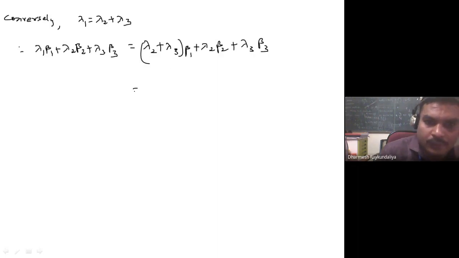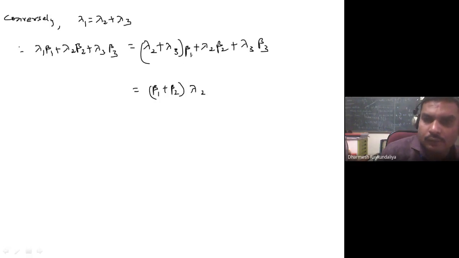Lambda 1 is equal to lambda 2 plus lambda 3. So I just substitute here. If I make the coefficient of lambda 2 together, what will I write? Beta 1 plus beta 2 times lambda 2.